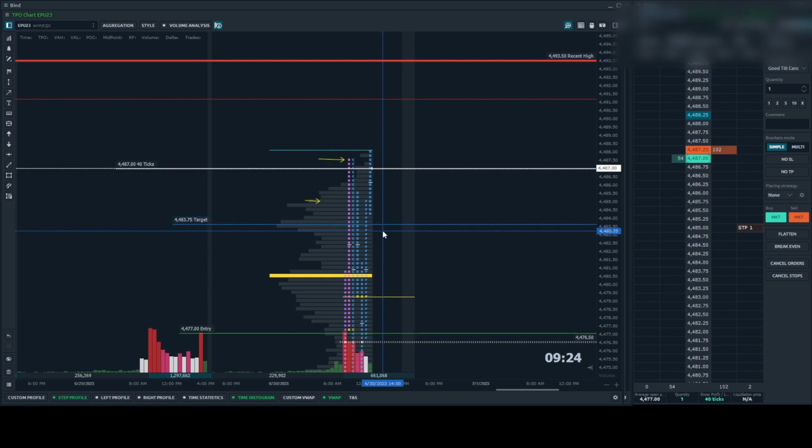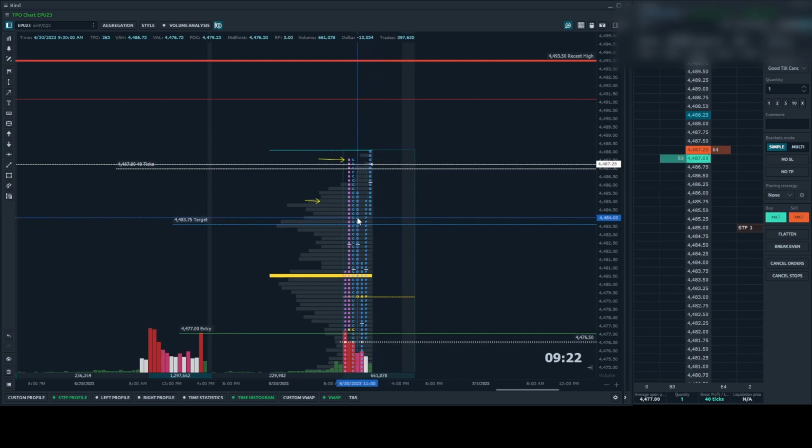I think maybe we should come down underneath this G low.